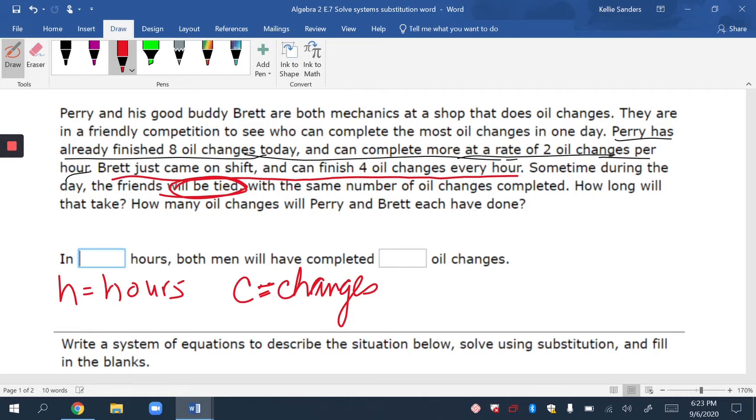So I underline that in black, so let's write Perry in black. So the amount of changes he can do is 2 per hour, but he's already done 8. Brett just came on shift, so Brett hasn't done anything. So Brett's oil changes is going to be 4 oil changes every hour.